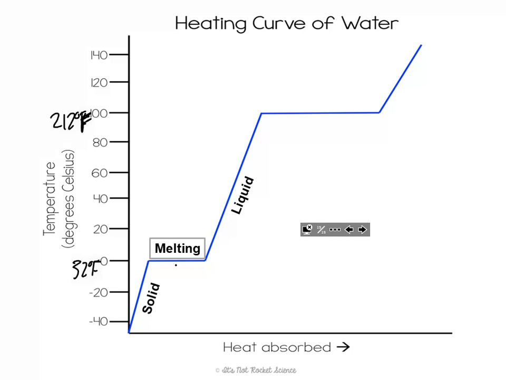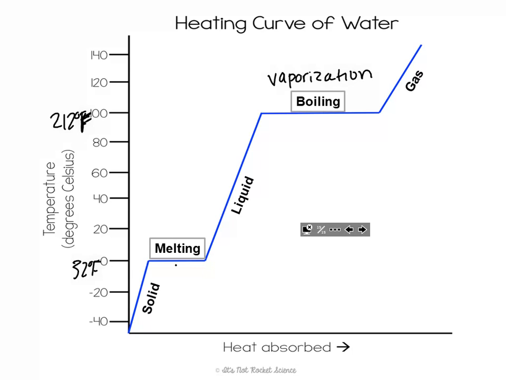So between these two temperatures, we have a liquid. Now, as you absorb more and more heat, once you get up to 100, though, then we have another shift. So at this point, we have boiling. Remember, we also call this vaporization. And then after this point, it is no longer a liquid, it turns into a gas.